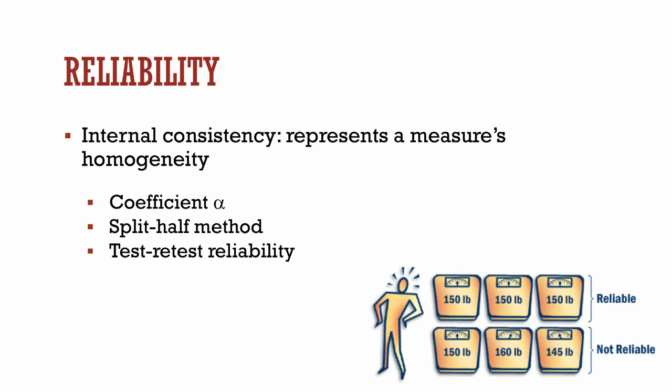Internal consistency is necessary for good reliability and is assessed most often using coefficient alpha. Other methods to measure reliability are the split half method and test-retest reliability. Coefficient alpha should be at least 0.6 for a scale to be considered acceptably reliable.